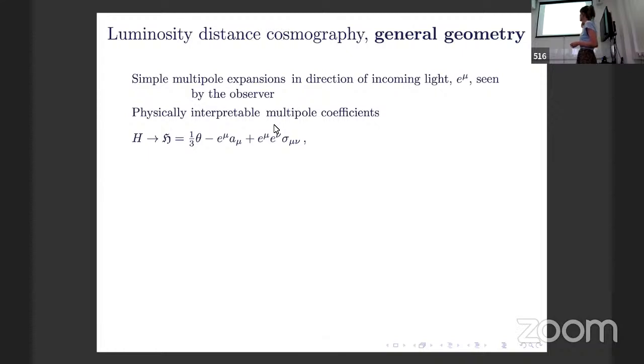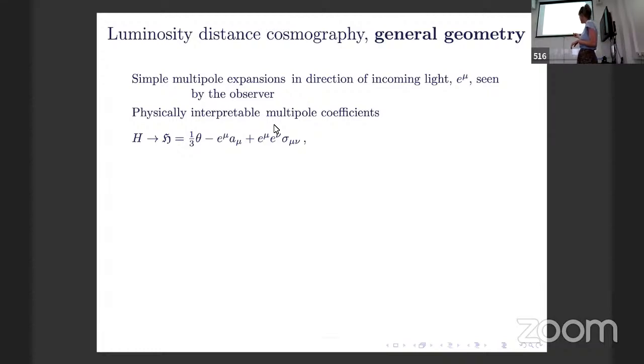So we can do a multipole series expansion of the effective cosmological parameters in the direction of incoming light, which I call E here. So E is just the direction on the observer's sky in which he sees a galaxy or a supernova or something else.